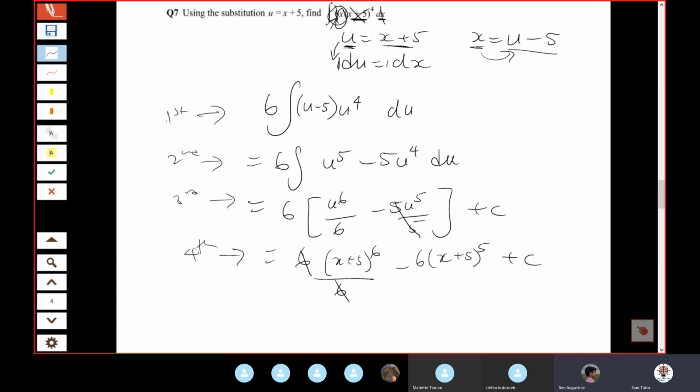And then the derivative of x is also 1, and that becomes dx. Then you replace your dx for du, and you replace your x plus 5 for your u. Then the 6 went on the outside, and it's just the x that was meant to be a little bit harder in this case.